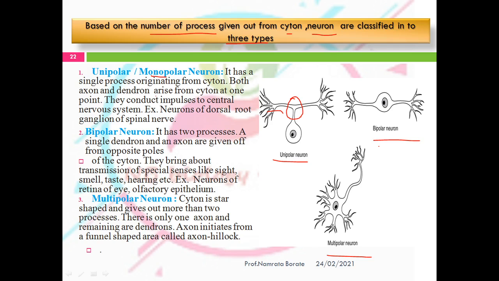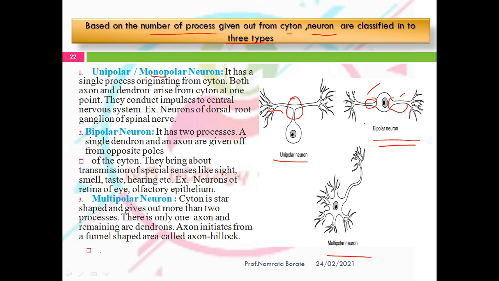The second one is the bipolar neuron. It has two processes, a single dendron and a single axon, given out at opposite poles of the cyton.